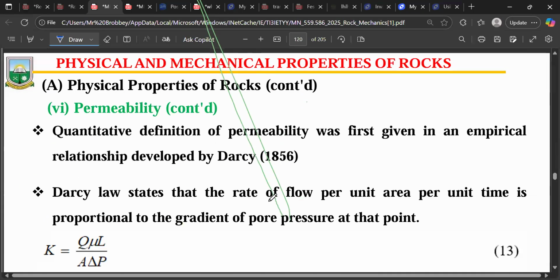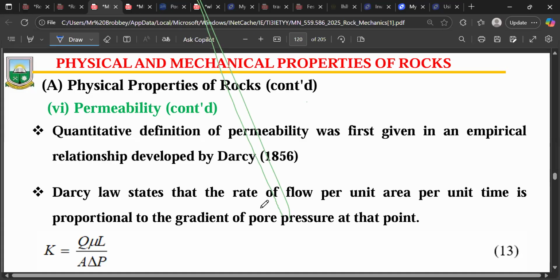So they are saying that the quantitative definition of permeability was first given in an empirical relationship between some parameters. We are going to really look at them.